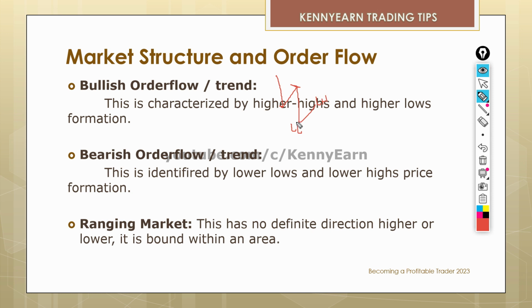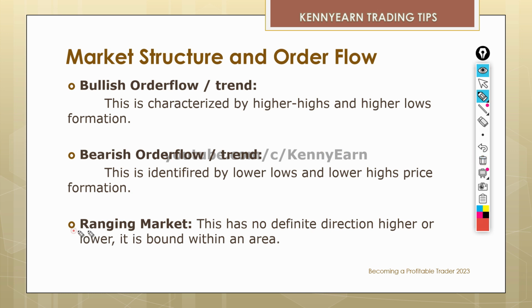So you can see this low is lower than this one, and this high is lower than this one, so it's a lower high, and then the market trades down again, lower low, lower high, lower low, and like that, and that makes it a bearish order flow or a bearish market structure.